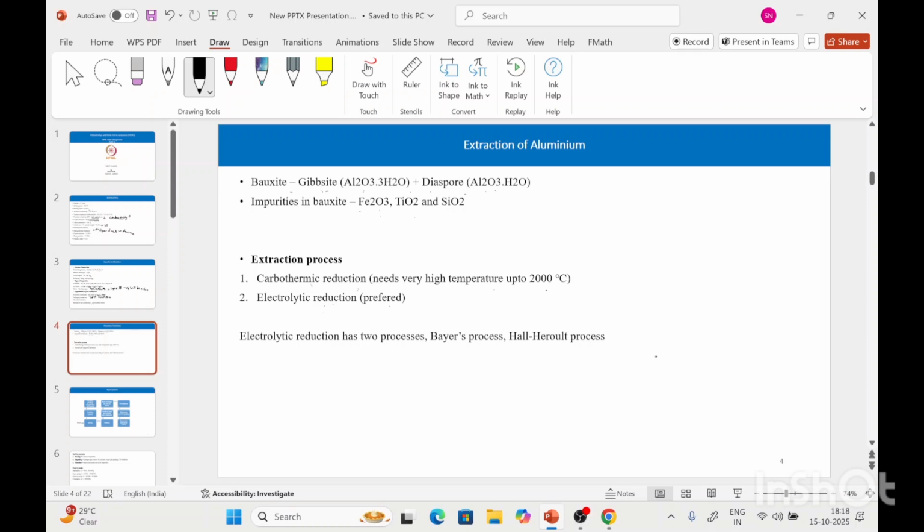That is not a very useful process, and it's a very expensive process. That's why we use electrolytic reduction, in which we use different types of salts which dissociate alumina into aluminium, and it is generally done at 220 degrees Celsius. So at a very low temperature, the extraction process can be done.